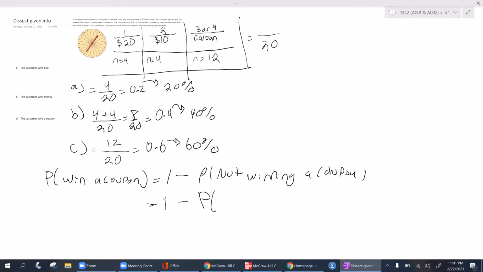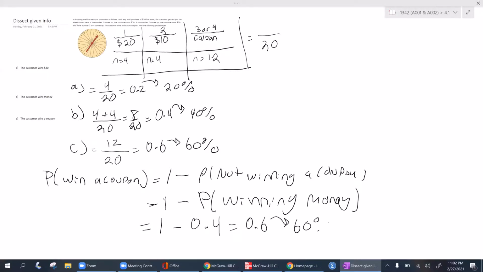Well, that just means winning cash, winning money. And you already know that. We knew that, that was part B. The probability of you winning money was 0.4. So 1 minus 0.4 gives me 0.6, or 60%, which was exactly what we had found there. So there's always 2 ways you can solve these problems.